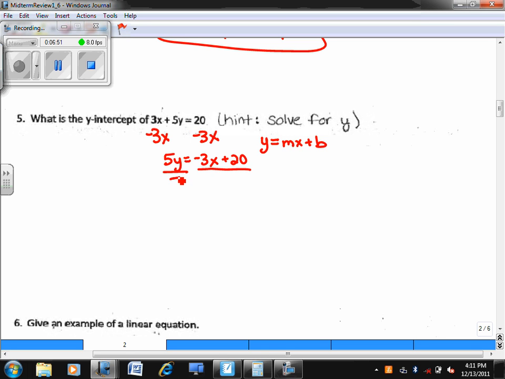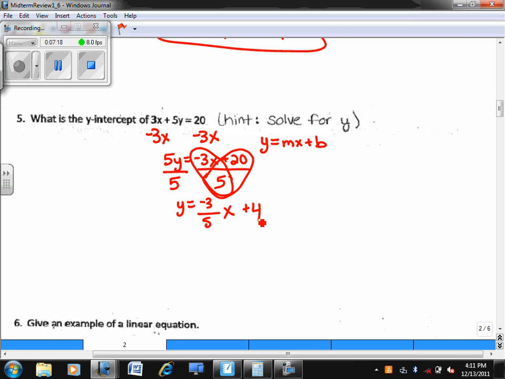Divide both sides by 5. Y equals negative 3 divided by positive 5 would be a negative 3 over 5 x. And then positive 20 divided by positive 5 would be positive 4.